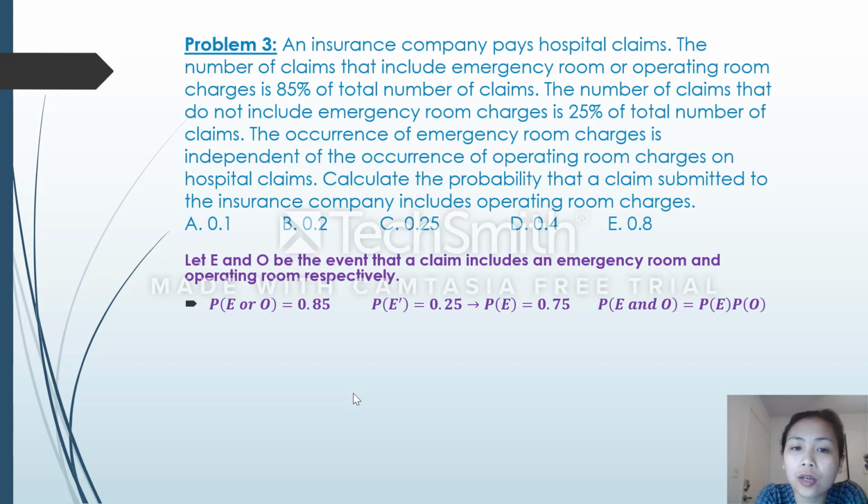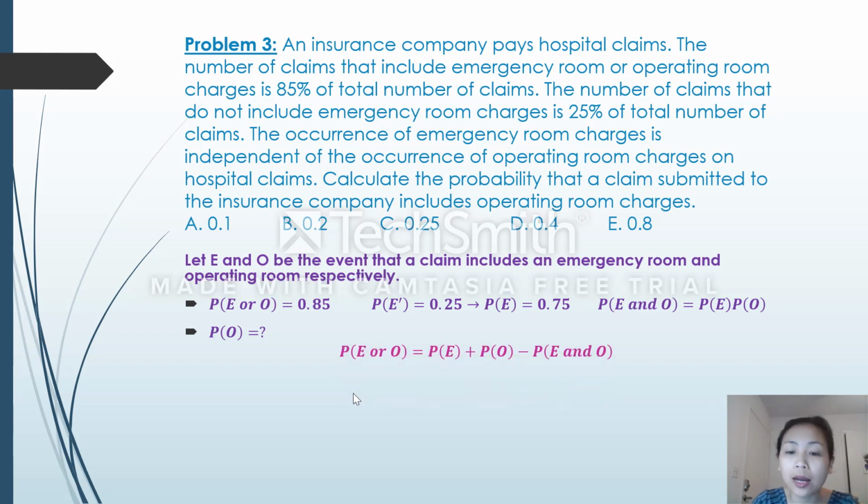So the question asks for the probability that a claim submitted to the insurance company includes operating room charges. So that means the question asks for probability of O. So here we have probability of E or O, and we have probability of E prime, probability of E, and we need to find probability of O. So think about the addition rule, because we have or and we also have and events.